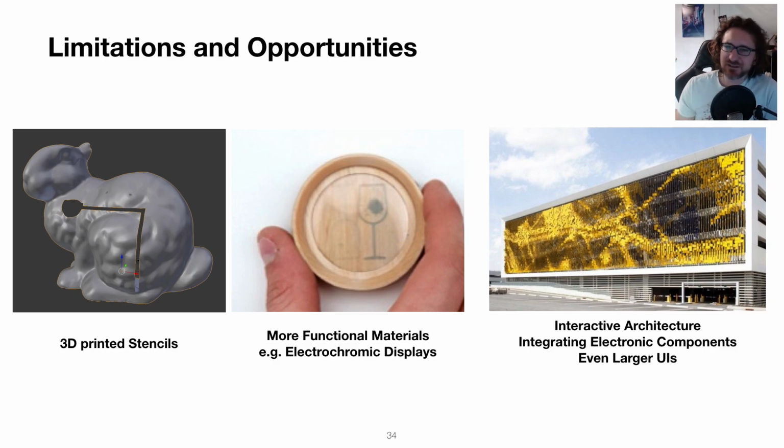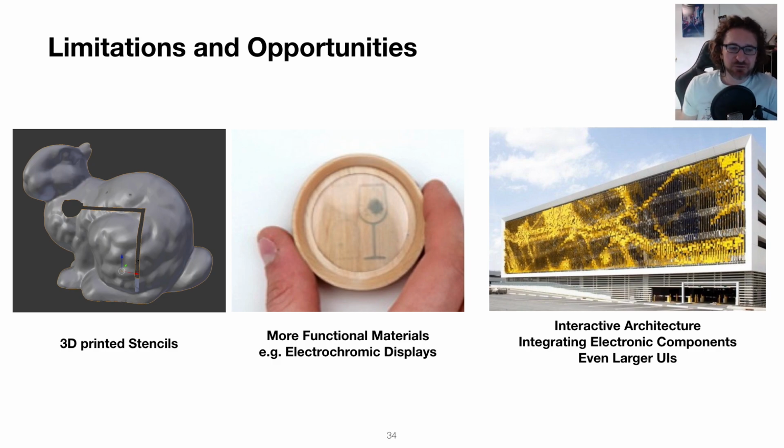So a question is, with sprayable user interfaces, can we also integrate electronics and increase the interaction space by giving more input and output through integrated electronics? And second, we fabricated large-scale objects that have a surface area of several square meters, but can we really scale this up to hundreds of square meters of user interfaces?